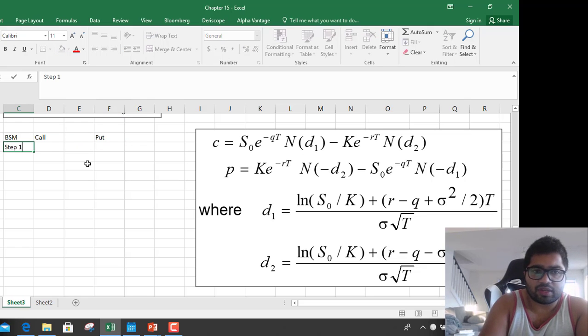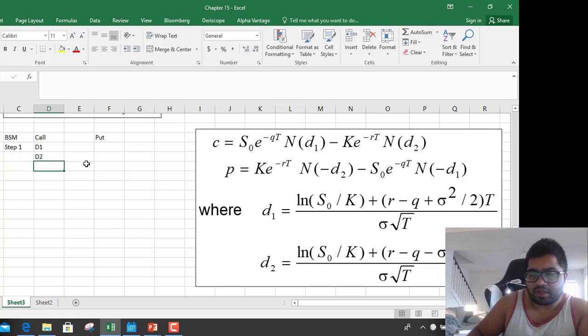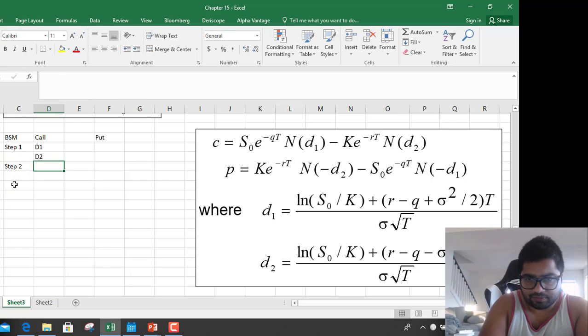So step 1 for call is calculate D1. Then in step 1 we also calculate D2. So D1 is this formula, D2 is this formula. Then step 2 we calculate N D1, normal distribution of D1, and N D2.